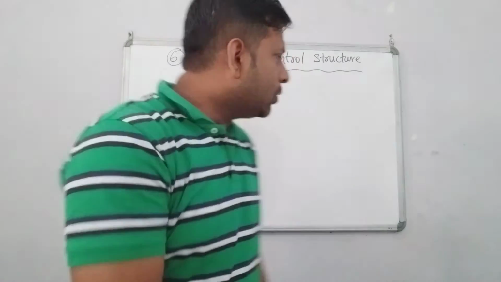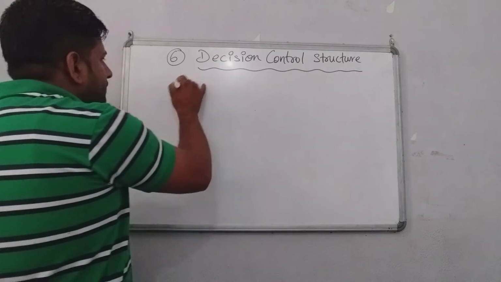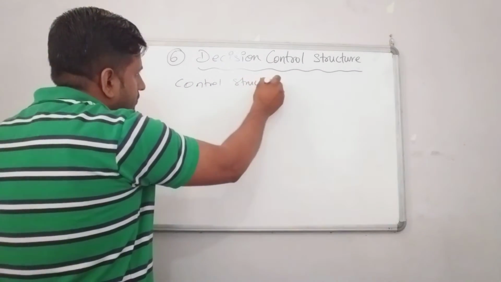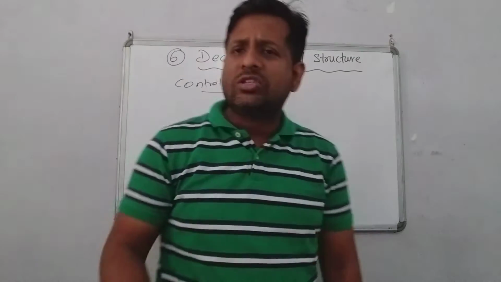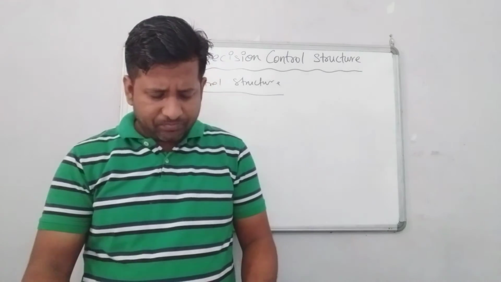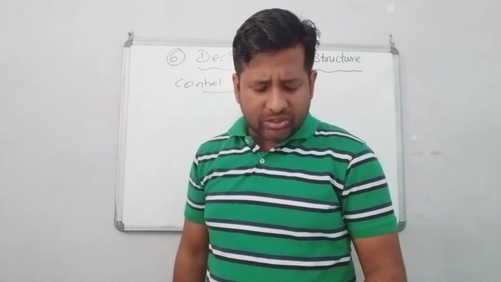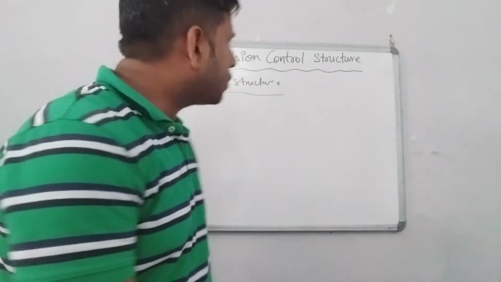So children, let me tell you, control structures are categorized into three different terms: sequential control structure, conditional control structures, and looping control structures.